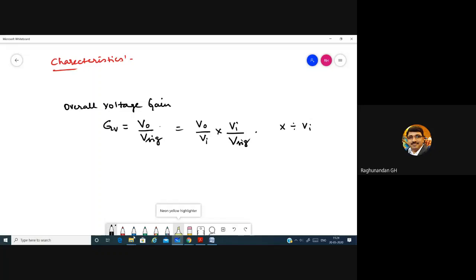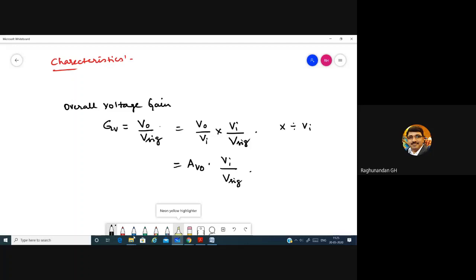Vo by Vi is our open circuit voltage gain, Av0, or it is just Av, and apart from this we have Vi by Vsig. For Vi by Vsig also, we can apply the equation we have already obtained.